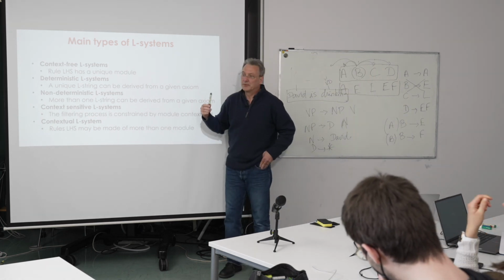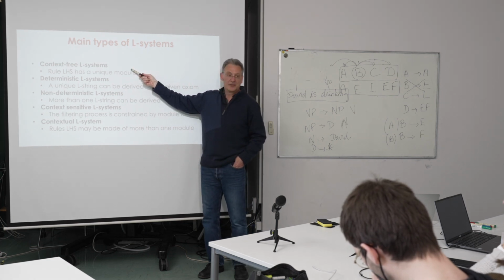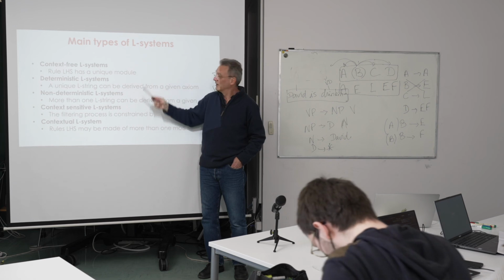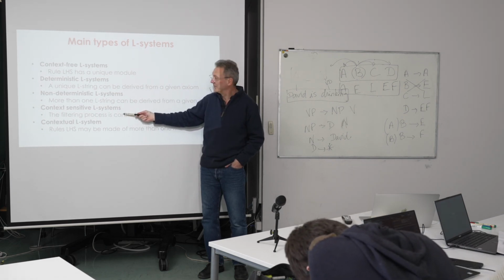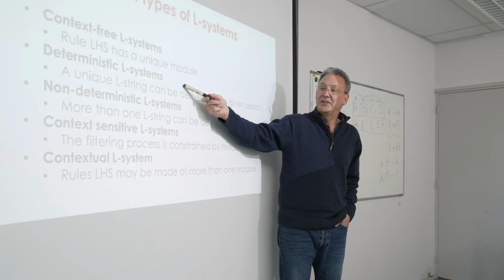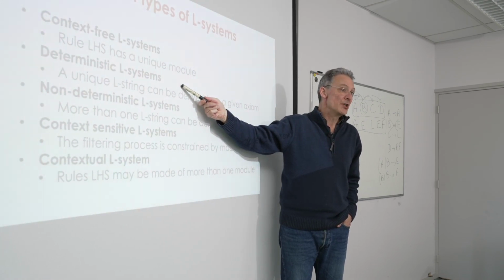So the important things to remember. Here, I just rewrite one term at a time. Here, I need to decide depending on the context of this term. Deterministic L system means that I have only one rule for each different symbol.